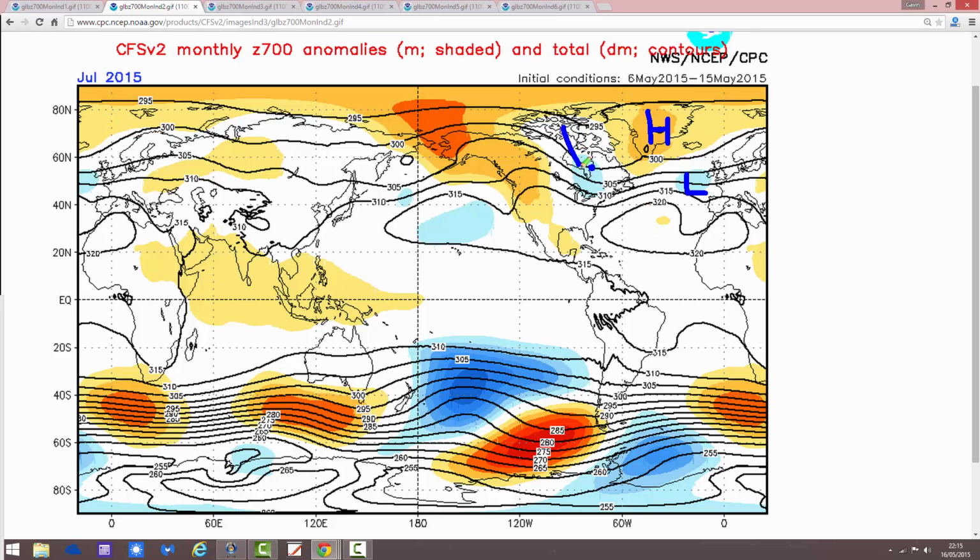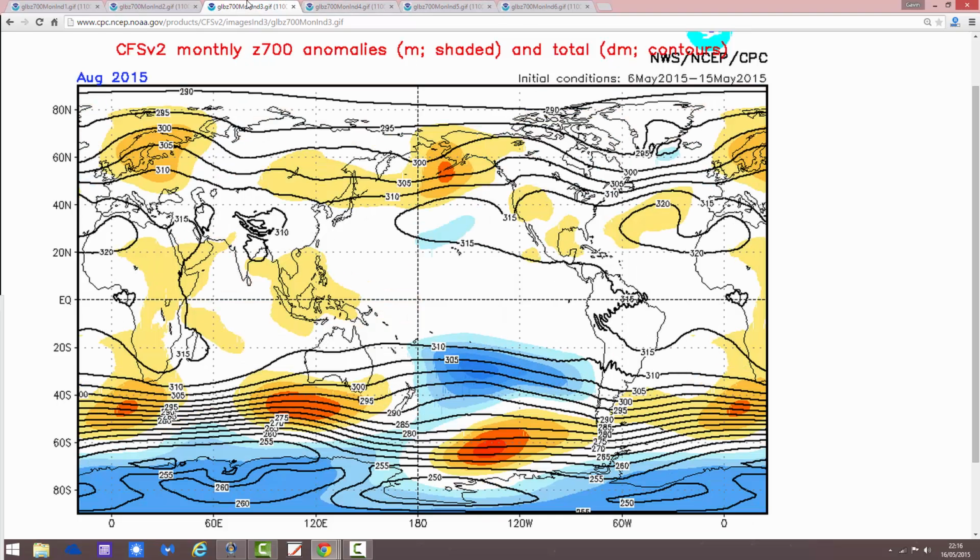So again, the idea I think is that the jet stream is probably taking a southerly track, and we're probably bringing down northeasterly influences into that trough of low pressure. So reading between the lines, June and July both are hinting, not totally, but hinting at relatively cool and relatively unsettled conditions for the first 2 months of the summer.